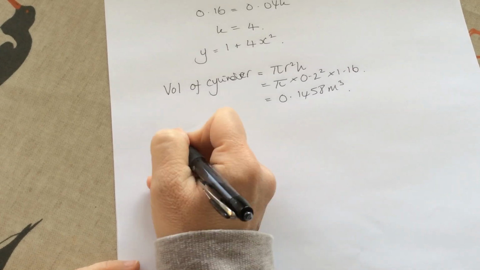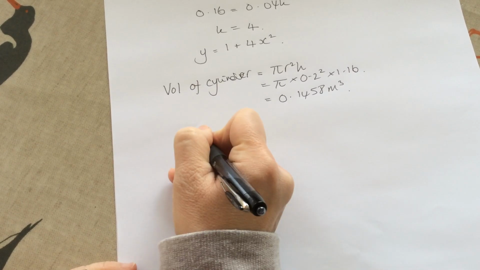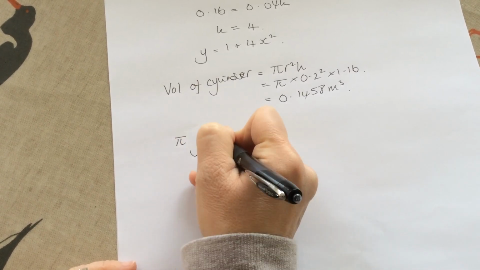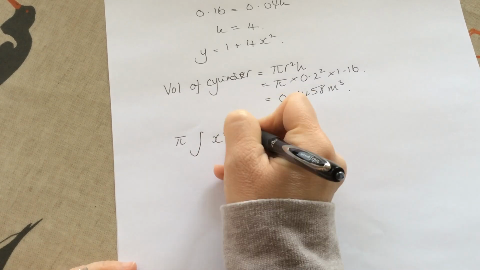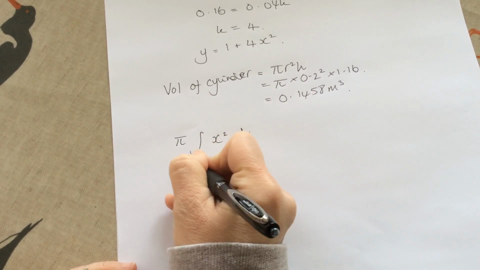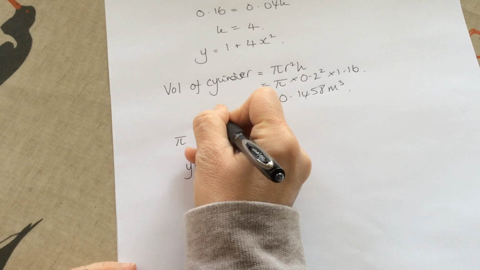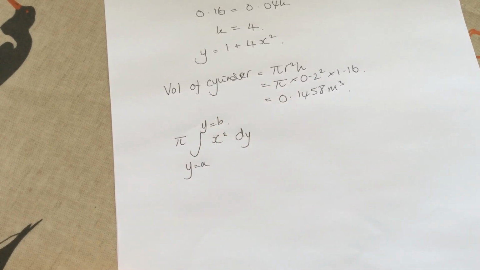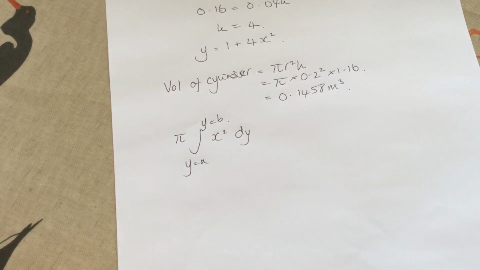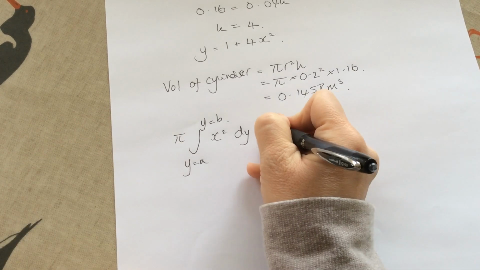Now I'm going to use volumes of revolution to calculate the hollow part, which I'm going to subtract away. It's a rotation about the y-axis, so that is going to be pi times x squared dy, between y limits. So I'm going to need my 1 and 1.16 as my limits.